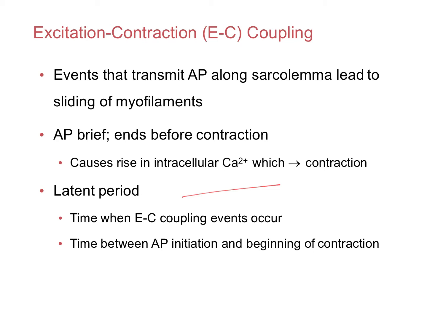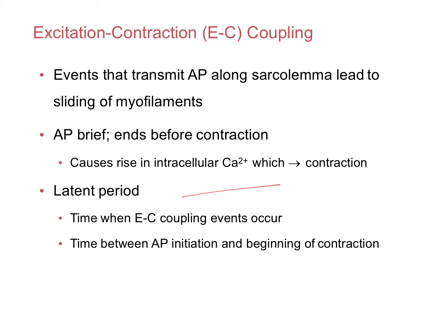Remember, last week we talked about the sliding filament model for contraction, where actin and myosin filaments slide across, parallel to one another. So somehow there has to be a way of connecting the events that are happening on the membrane of the cell to the mechanical events that are going to happen on the interior of the cell. And that's what excitation-contraction coupling is.